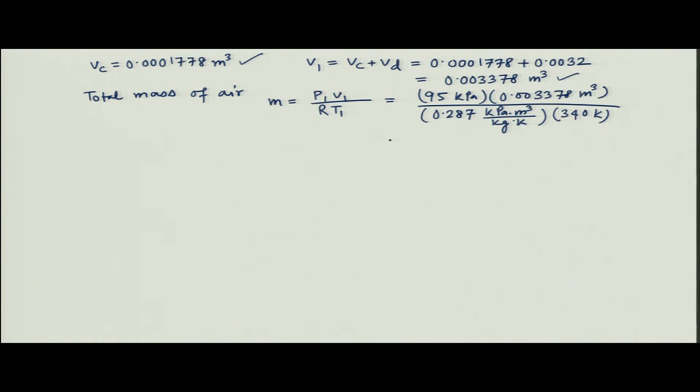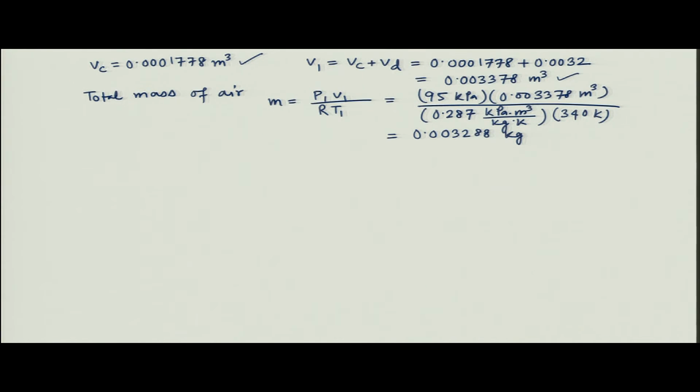So, from this we can find the mass of the air inside the cylinder, that is 0.003288 kg. So, this mass of the air remains fixed throughout the cycle.